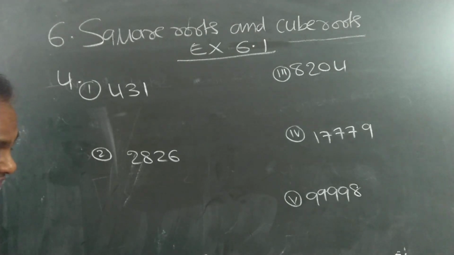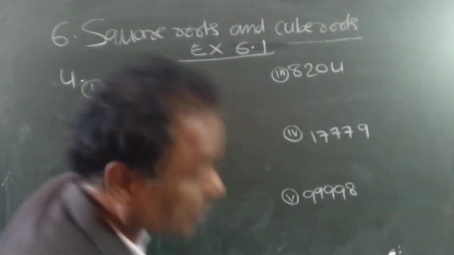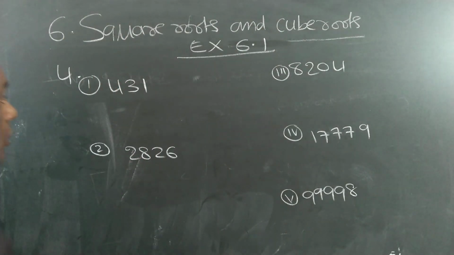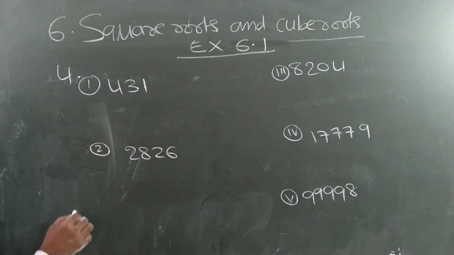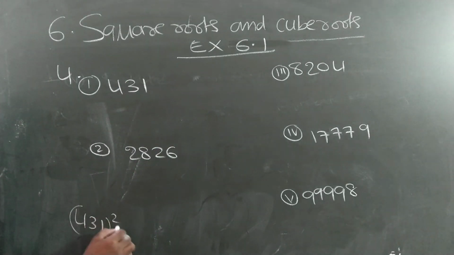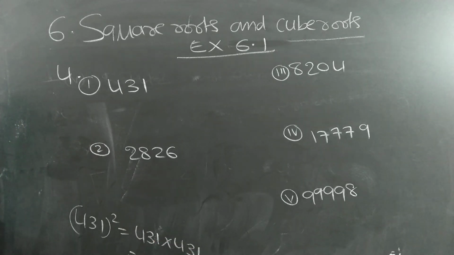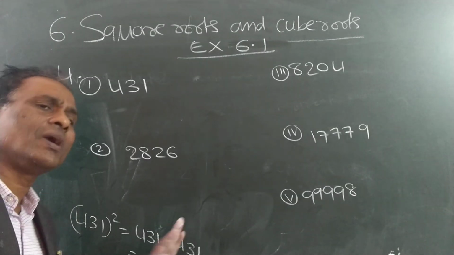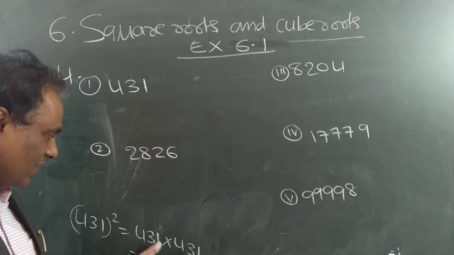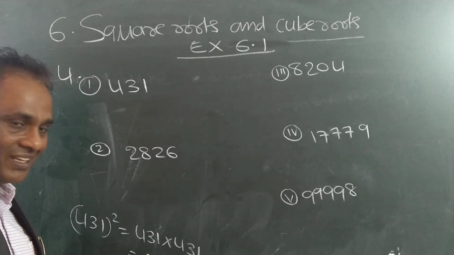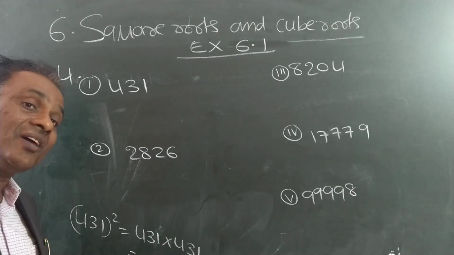See, 431 whole squared means 431 into 431. We are not asked to find the number. We have to tell whether the answer is an even number or an odd number. If we write 431 into 431, we will get some answer. Is it even or odd?